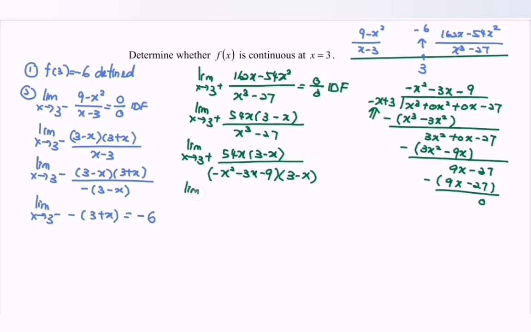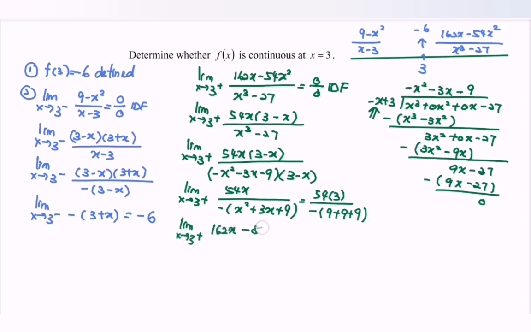So the limit as x approaches 3 from the right is 54x over negative (x squared plus 3x plus 9). So kindly substitute the value. In this part, we have negative (9 plus 9 plus 9). So the limit as x approaches 3 from the right of (162x minus 54x squared) over (x to the power 3 minus 27): the value of y will be approaching negative 6.